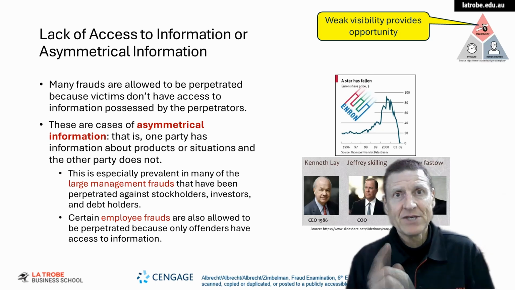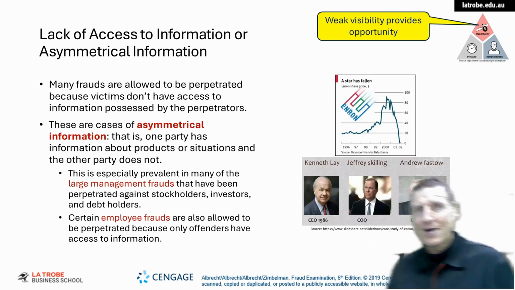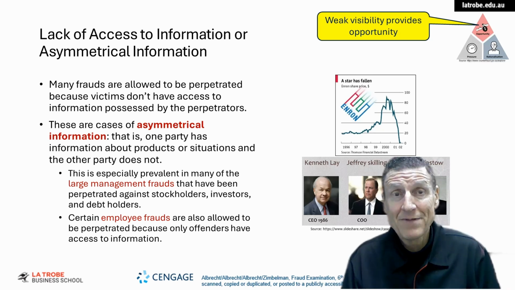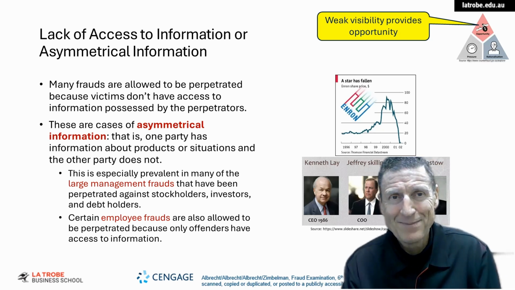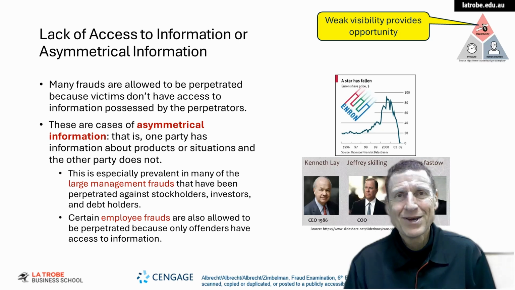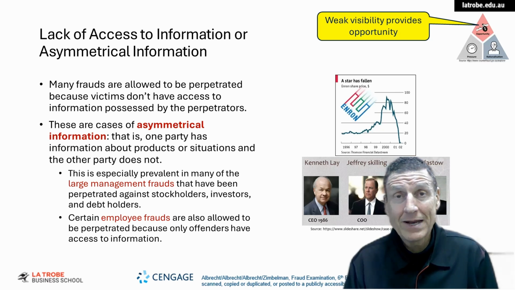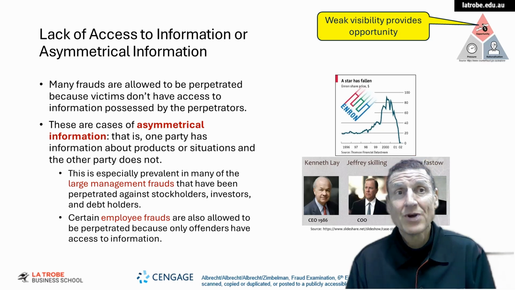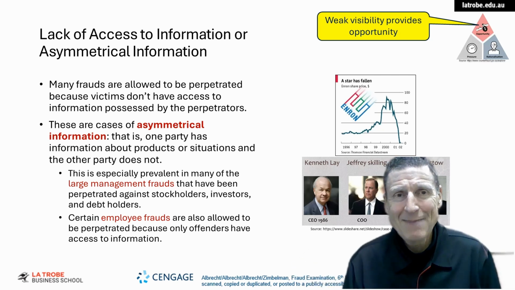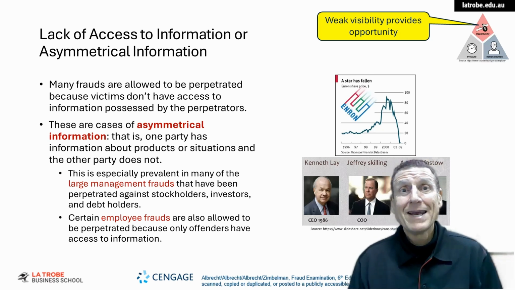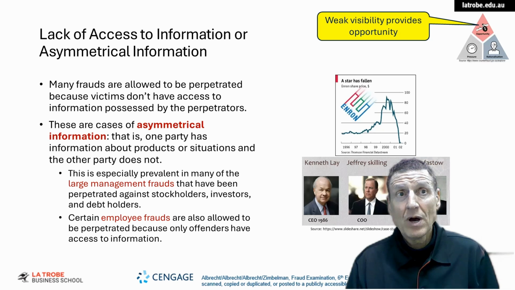And then we have Kenneth Lay, Jeffrey Skilling, and we know Andrew Fastow, the perpetrators of the giant Enron fraud, one of the biggest in the past century to ever occur. They went downhill in a very quick fashion, 2001, 2002. Arthur Andersen got caught up in this because they happened to shred lots of documents around the audit. Story for another time. But this is a classic example of asymmetrical information, where one party has information about products or situations that the other party does not.